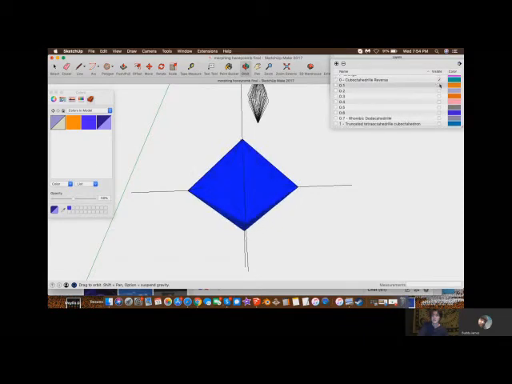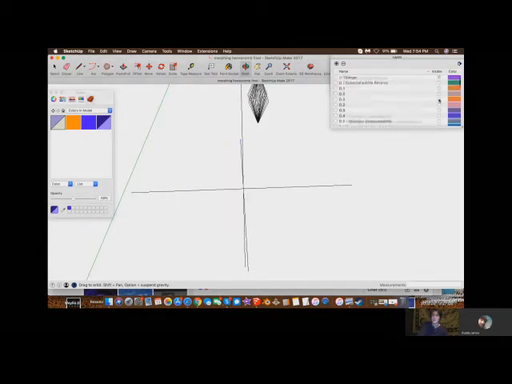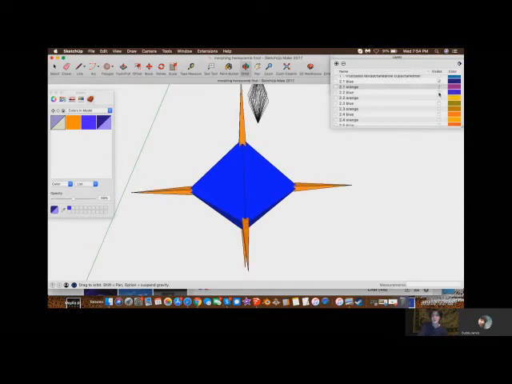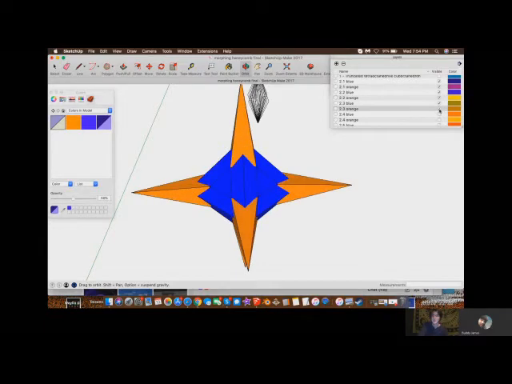It's crazy how all of this morphs, but if I get rid of the blue, there we go. And then it goes into this other shape. This is the runcic cubille. It will morph through as these frustums expand.